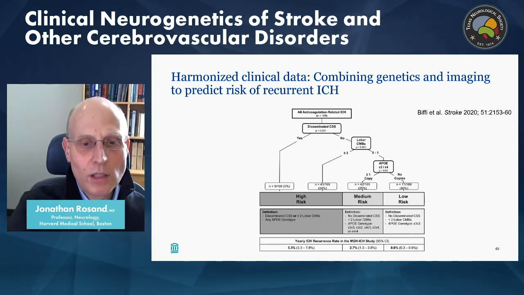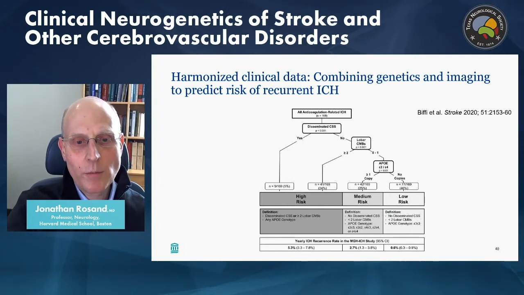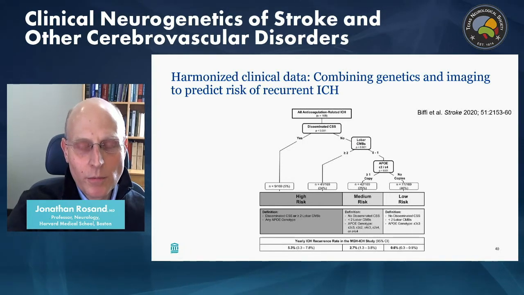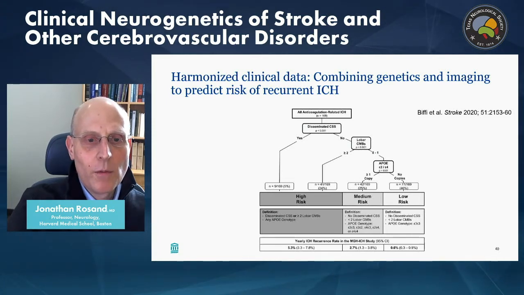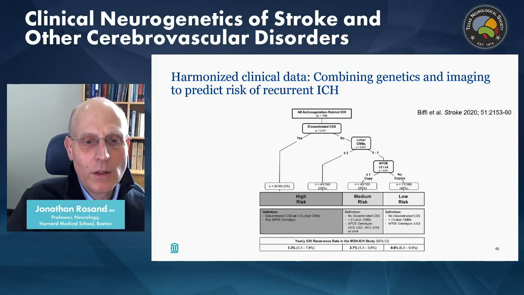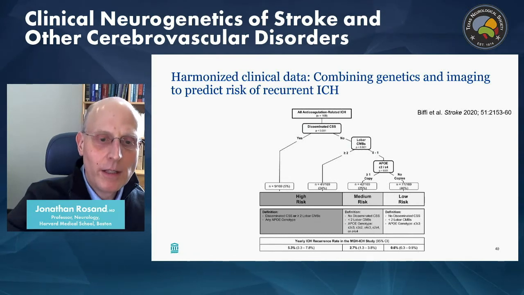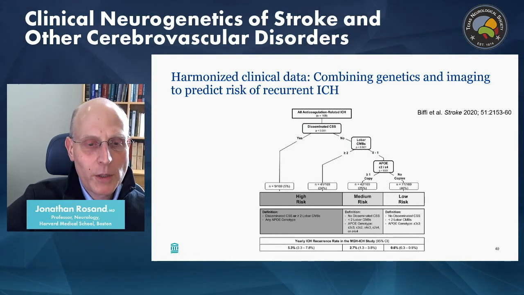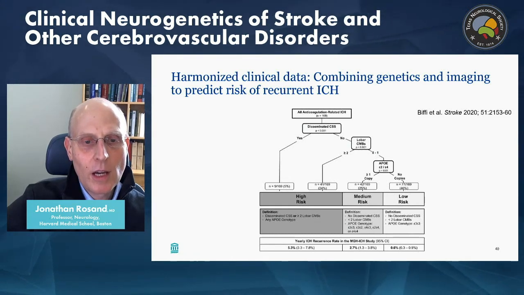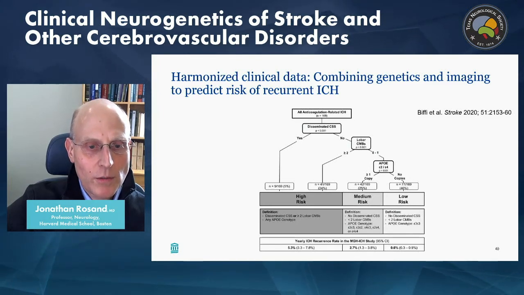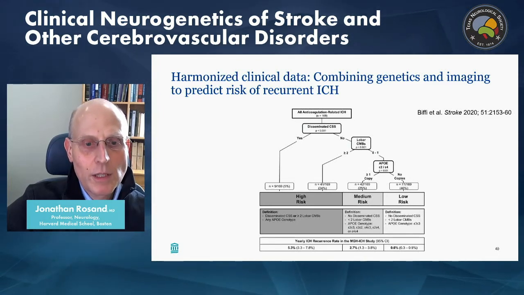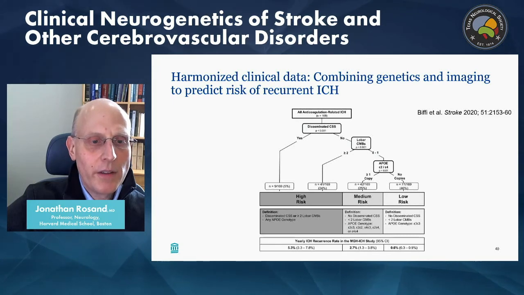They had such a low risk of having another hemorrhage that they would probably be pretty straightforward candidates for resuming anticoagulation. We then identified a medium risk group, with an intermediate risk of recurrent hemorrhage, 2.7% per year, but they too might well be candidates for anticoagulation.